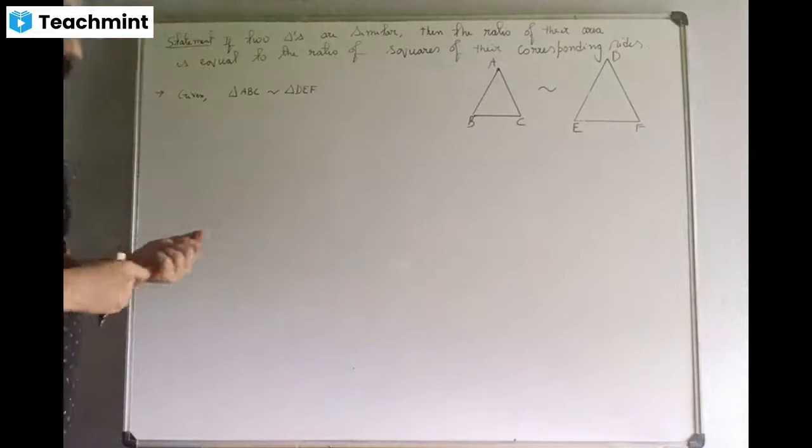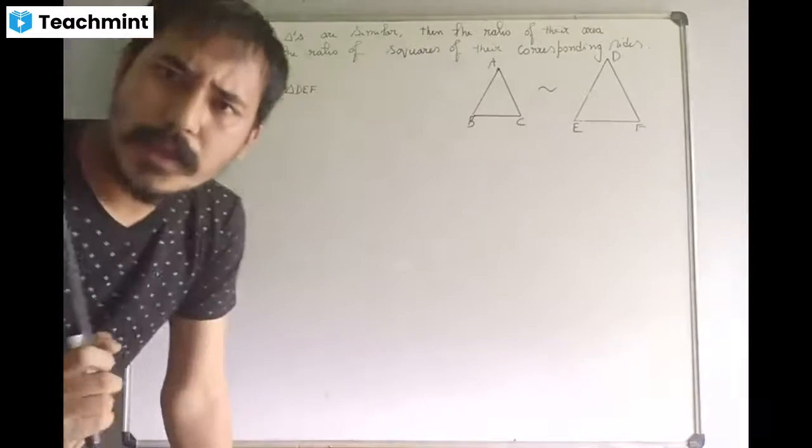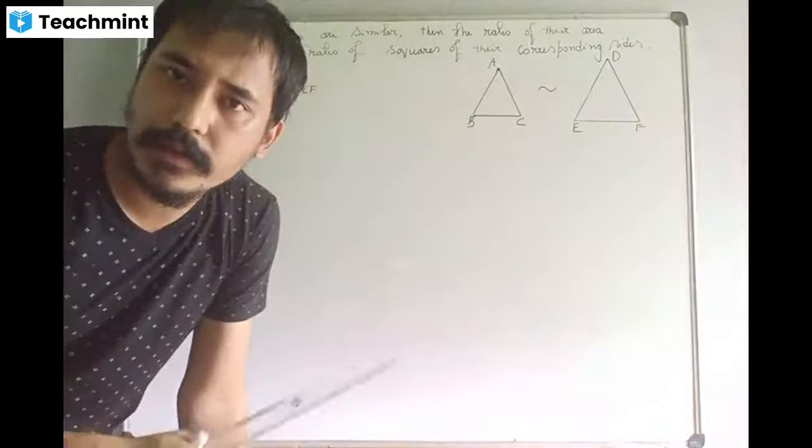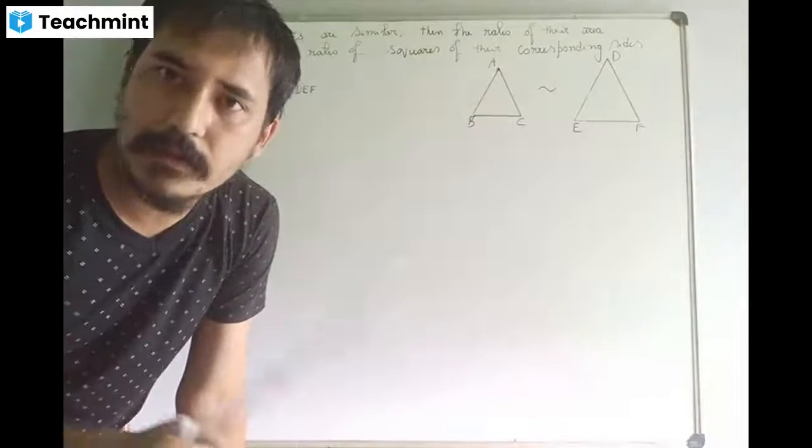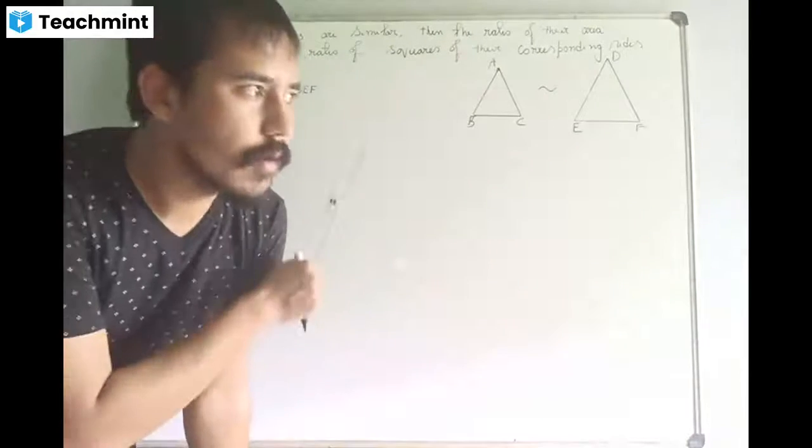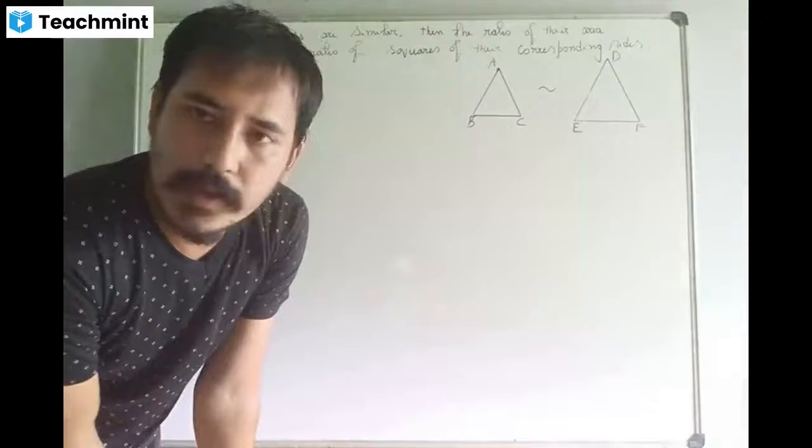Now class, we already learned that if two triangles are similar, then we can use two conditions. First condition, all their corresponding angles will be equal.